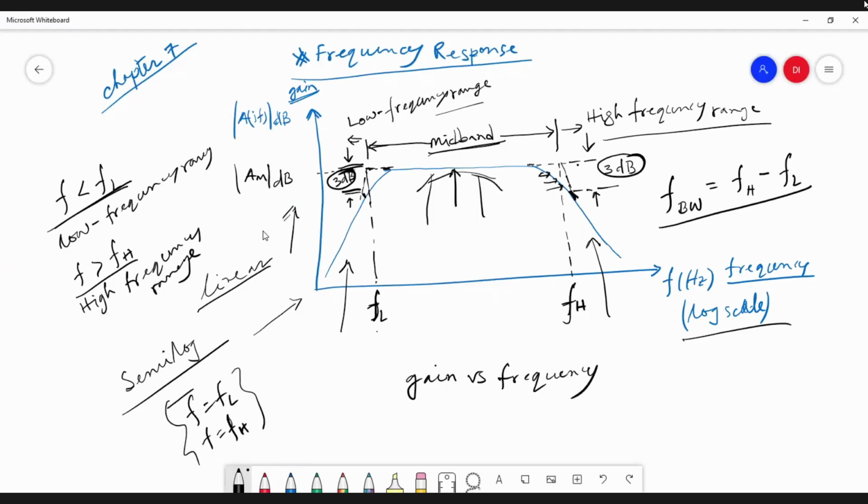Basically, all the amplifier gain factors are functions of signal frequency. These gain factors include voltage, current, and two other parameters, either transconductance or transresistance.